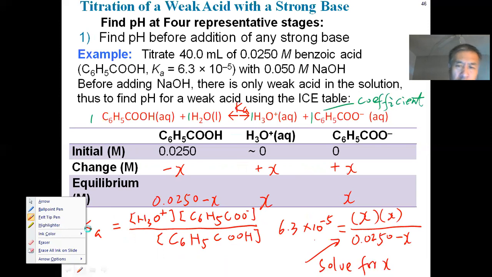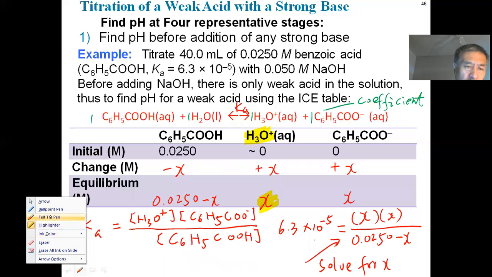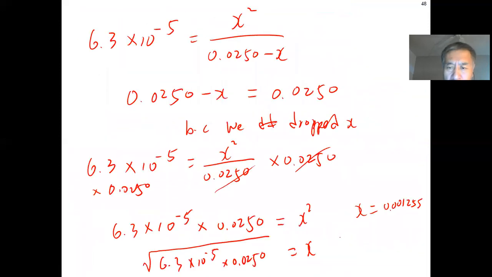So we can say the H3O+ concentration at equilibrium equals x, which equals 0.001255. Now the problem is you want to find the pH.